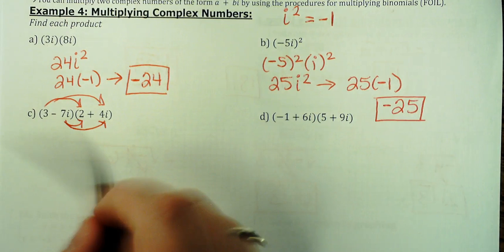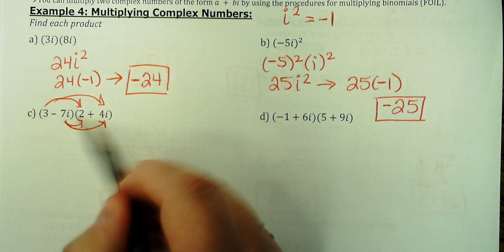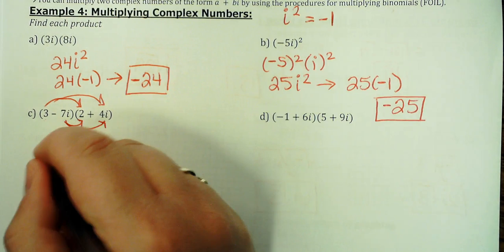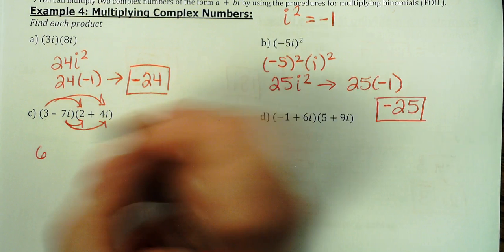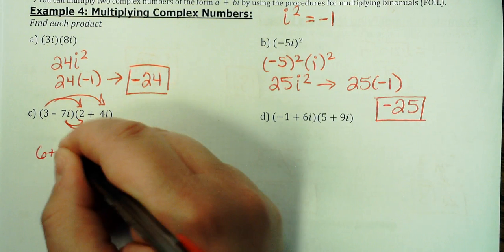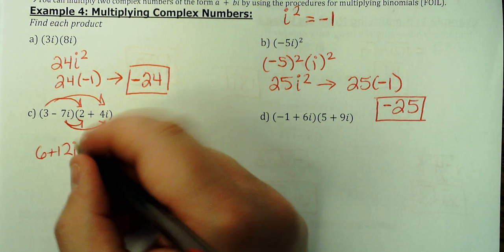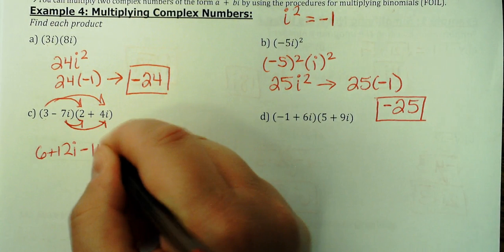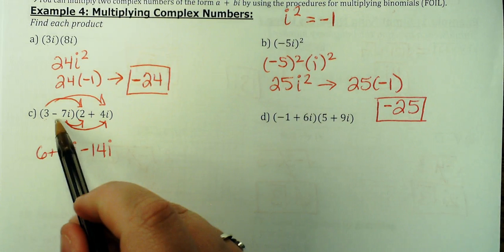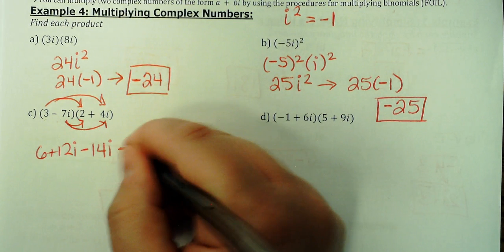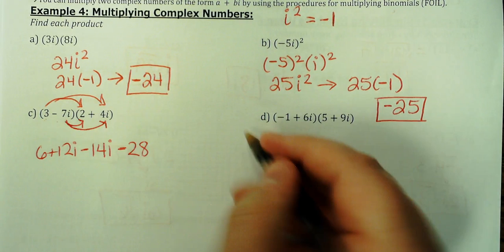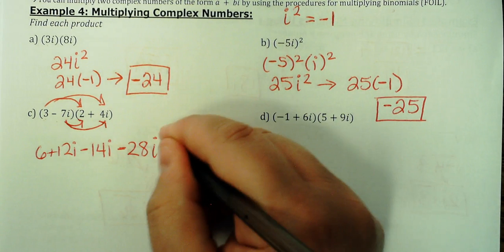So same way a FOIL works, I'm going to do 3 times both of these terms. So 3 times 2 is 6. 3 times 4i, 3 times 4 is 12, and then you just go ahead and keep the i next to it. Negative 7i times 2, negative 14i. Negative 7i times 4i is negative, 4 times 7 is 28, i times i gives you the i squared.